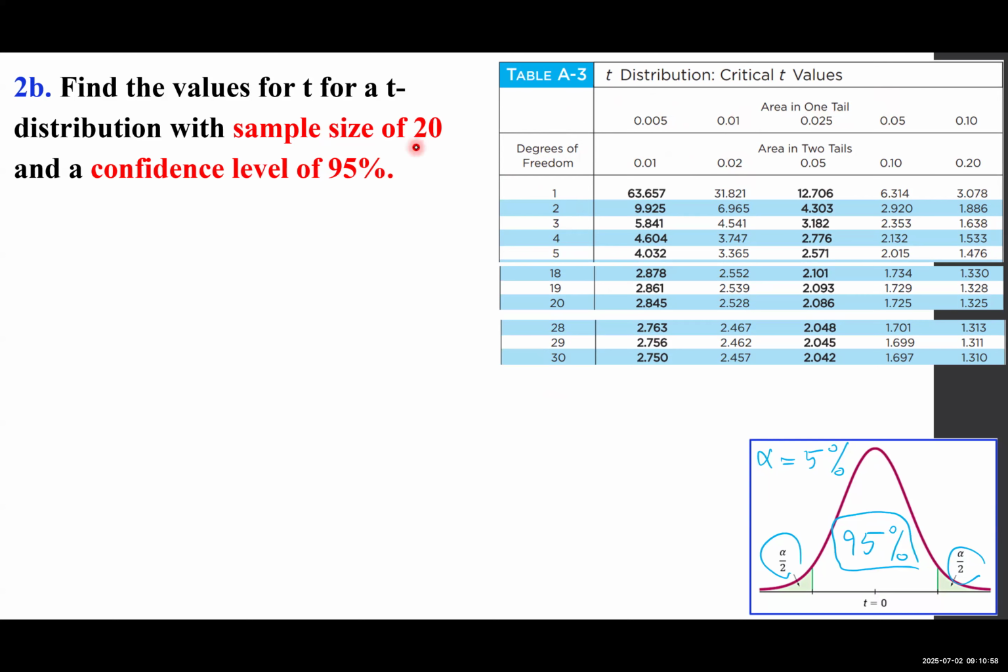Degrees of freedom is n minus 1 because sample size is 20. So n is 20. Degrees of freedom is 19. And we want a 95% confidence interval. So if there is a 95% confidence interval, that means alpha in two tails is 5%.